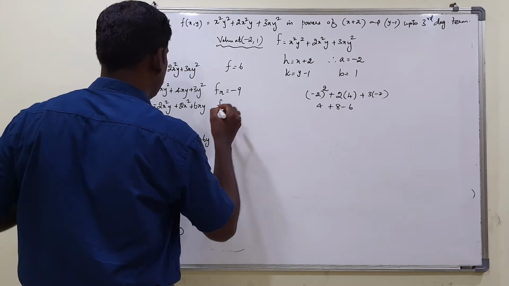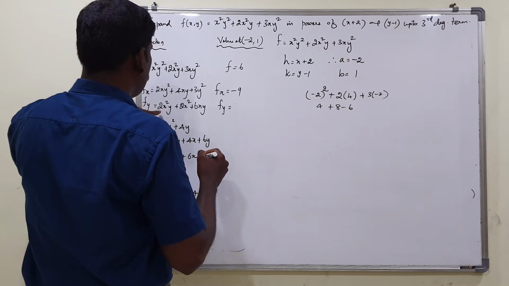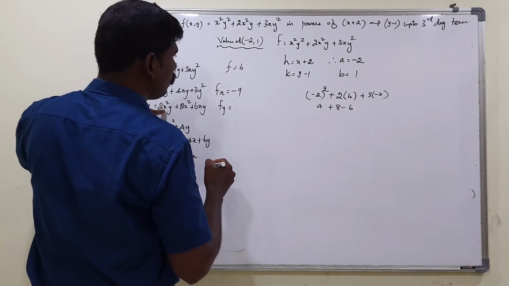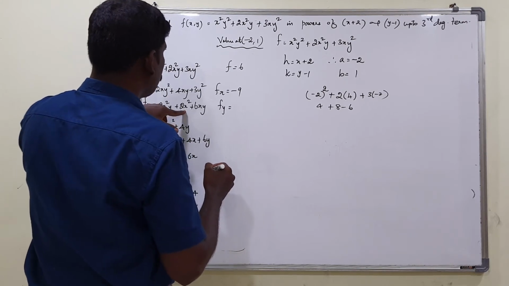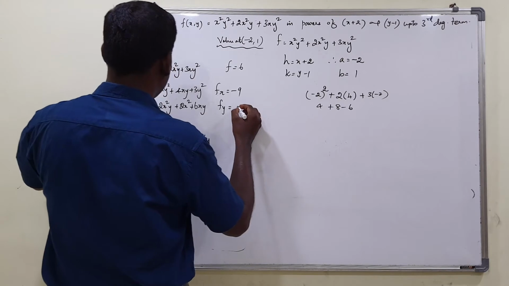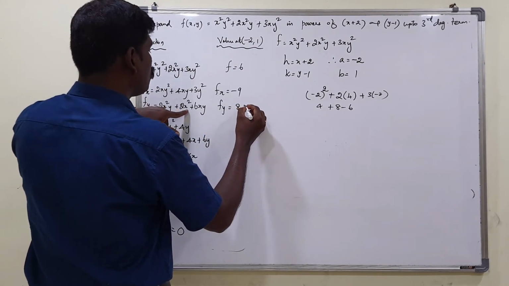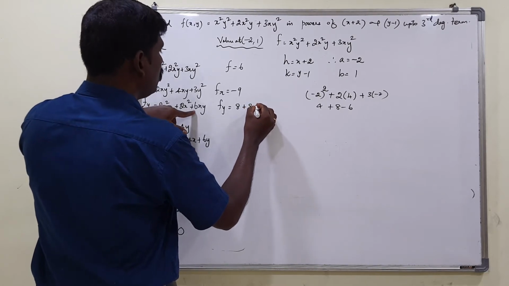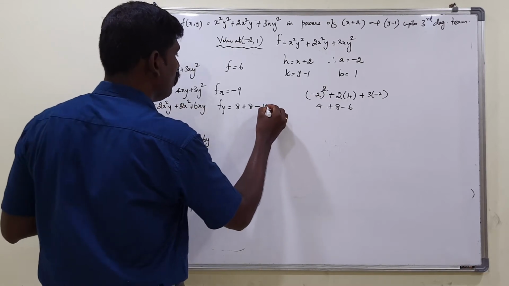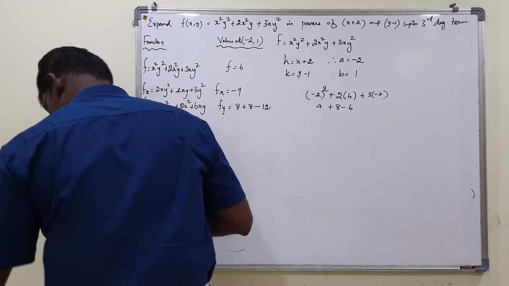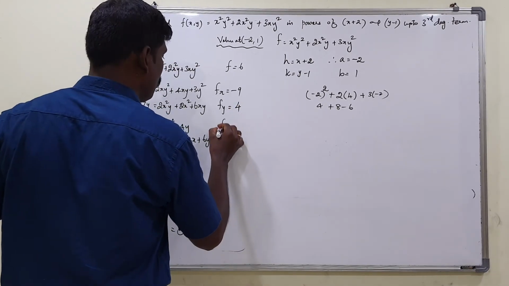And then fy becomes 2 into 4, so 8, plus 2 into 4, 8, 16, minus 6 into minus 2 into 1, so minus 12, isn't it? So 16 minus 12, 4. So value of fy is 4.